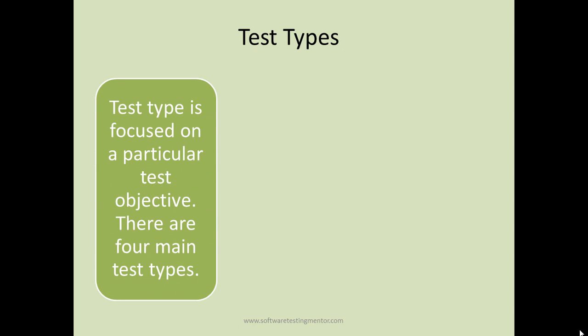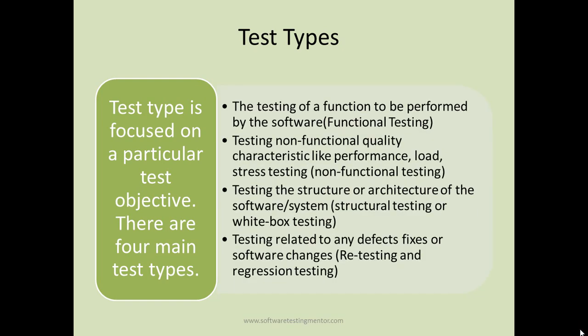There are 4 main test types. The first type of testing is functional testing, which tests the functionality of the software. The testing of a function to be performed by a software is known as functional testing, and this is the first test type.